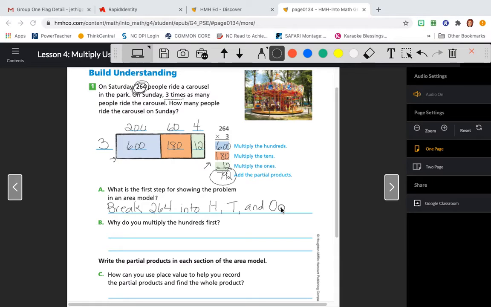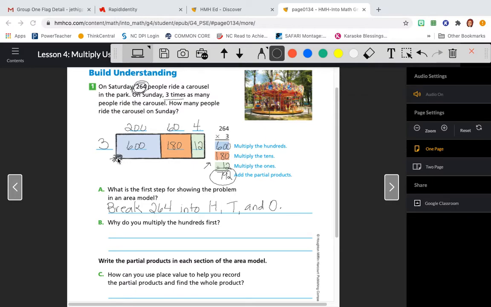Now the question says, why do we multiply the hundreds first? If you go back and revisit even second grade, we talked about how you always start on the right side of the equation when you're adding the numbers, and you always add ones first. Well, here we're looking at why we started with the hundreds first. The reason is the way our model is arranged, or the way that it's set up. It's set up so that we start multiplying on the left side of our model.